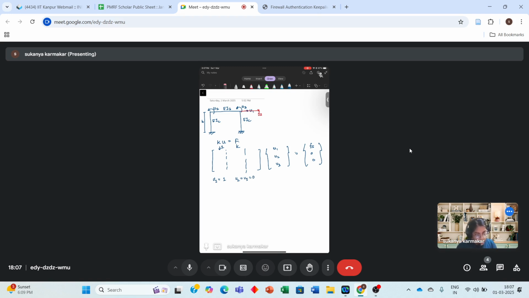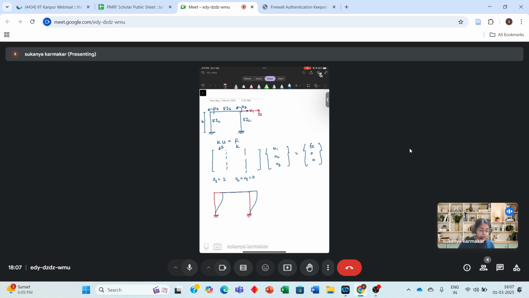If I draw the deformed shape of the frame, we are just allowing u1 to be 1 and all the other rotational degrees of freedom are 0. So this beam will be straight.